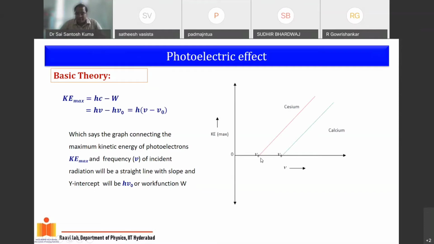And if I keep varying the frequency of the incident light, higher energy, higher frequency, and I plot nu versus KE max, of course, we understand that the kinetic energy keeps on growing as the frequency of the incident light goes higher than nu naught. And so this would be a straight line, and the slope would give you the information about the Planck's constant. So this is another experiment one can plan to do.